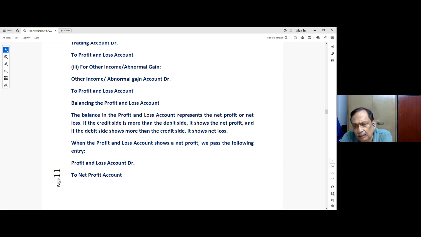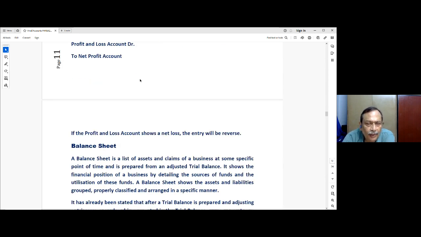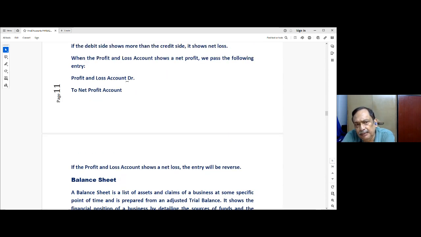When the profit and loss account shows the net profit, we pass the entry, that is profit and loss account debit, to net profit account. So this entry will be reversed in case of loss, that is net loss to profit and loss account.